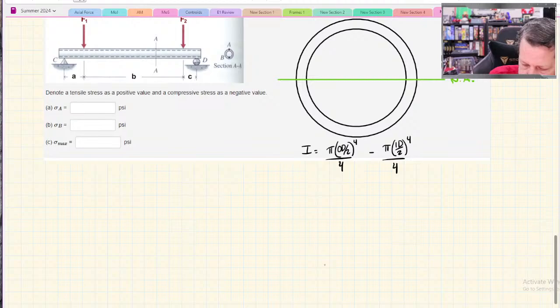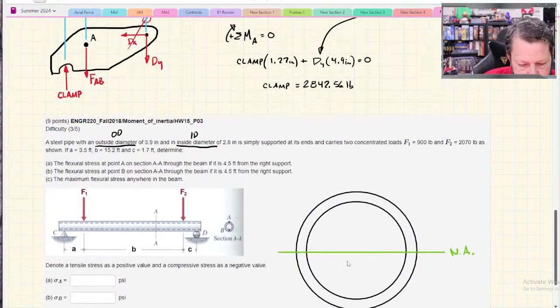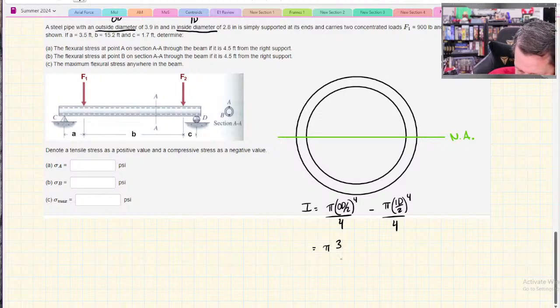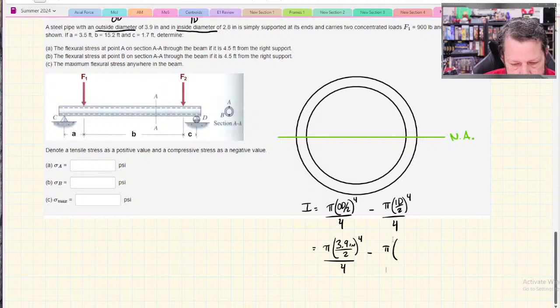So our numbers would be pi, our outer diameter is 3.9 inches, and our inner diameter is 2.8 inches.